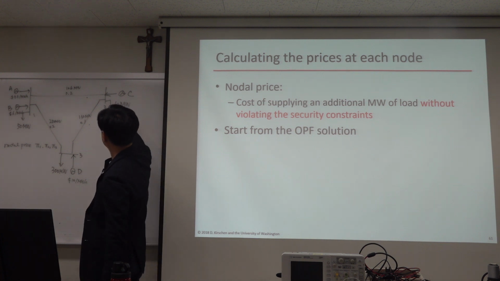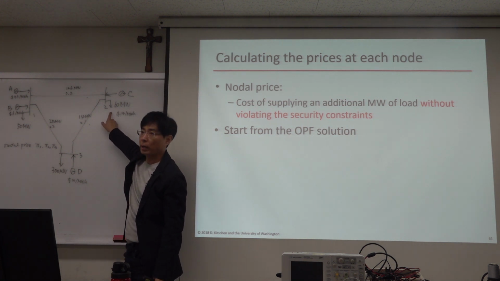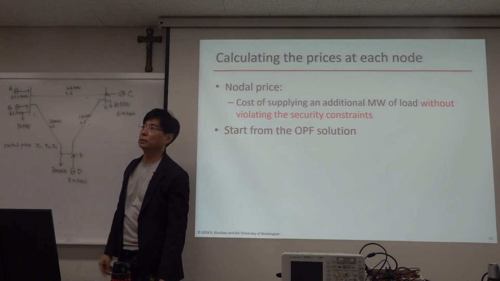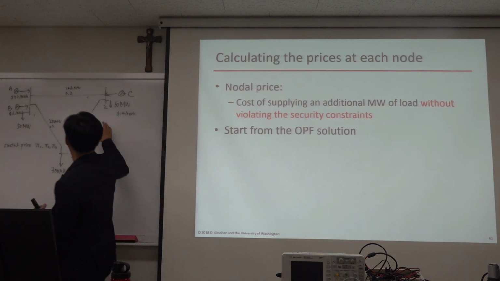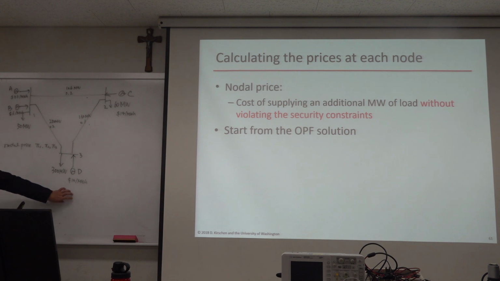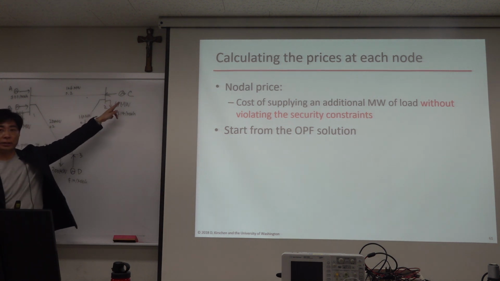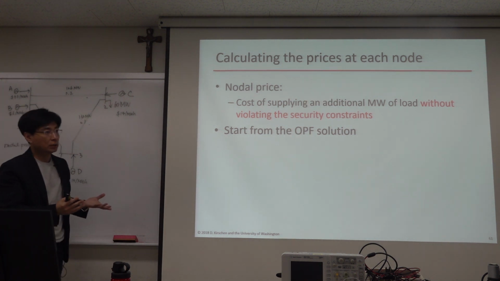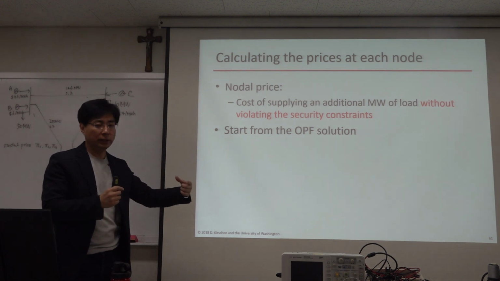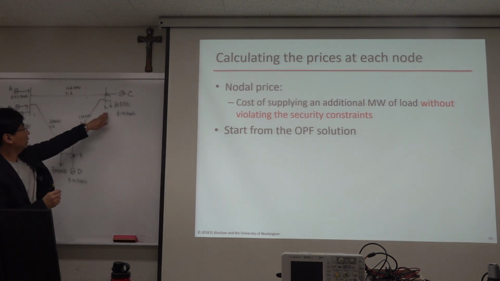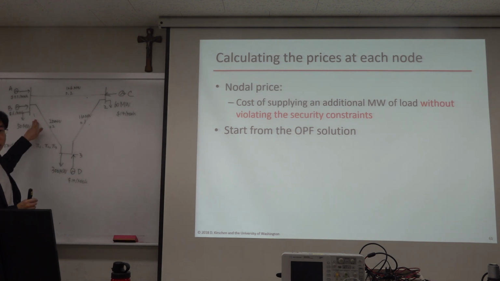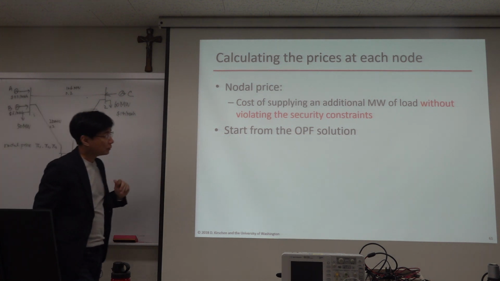So if you increase the load here by 1 megawatt, how much additional cost do we have? That load needs to be satisfied either from here or there or from here, satisfying the security constraints, and we want to find a combination that minimizes the total cost. So we will compute pi 2 here, pi 3 here, and pi 1 here, the nodal price.